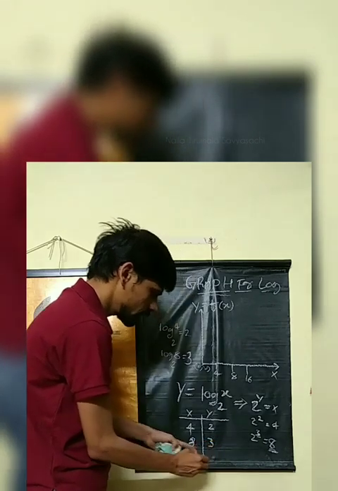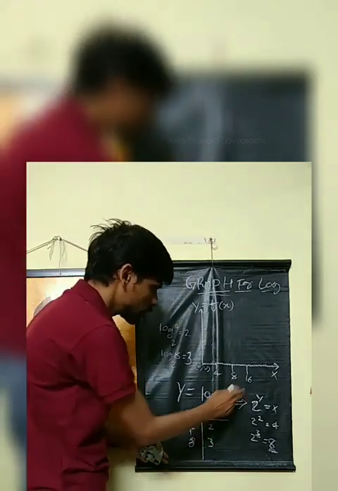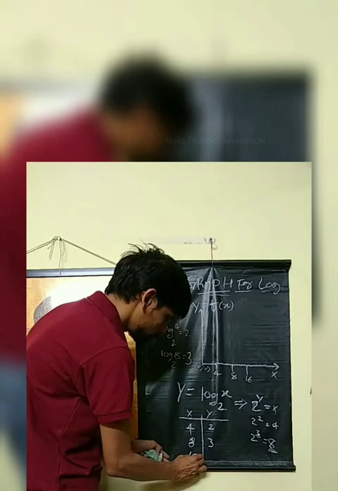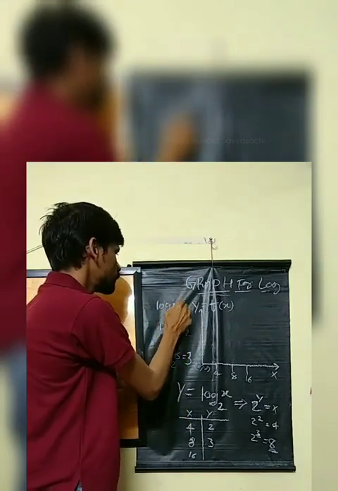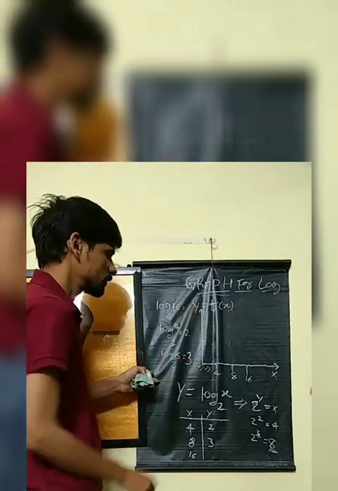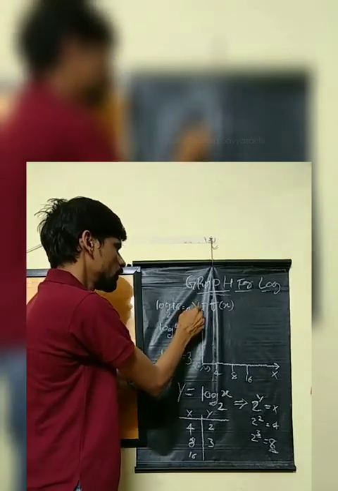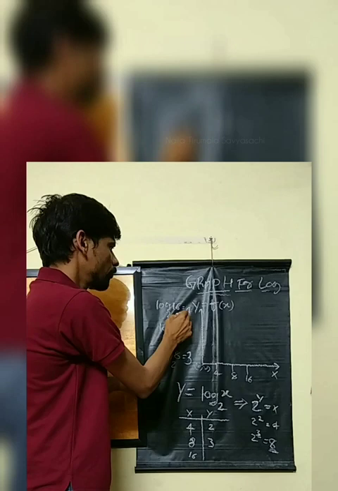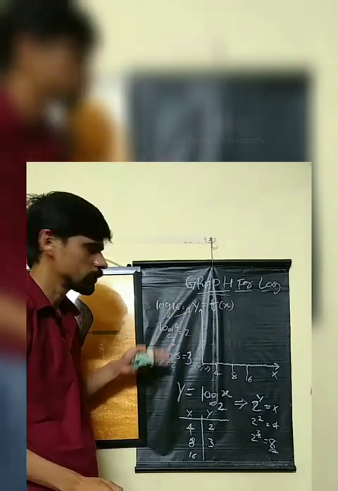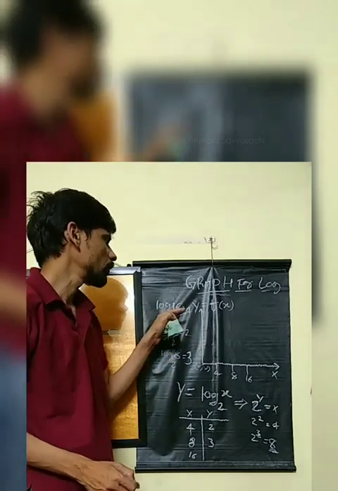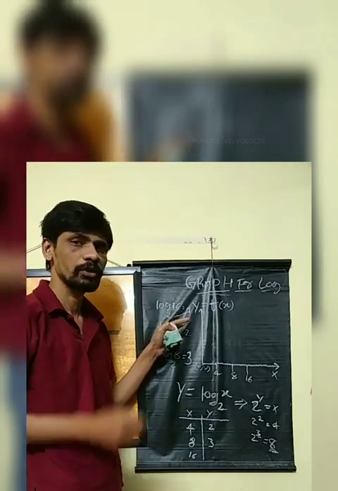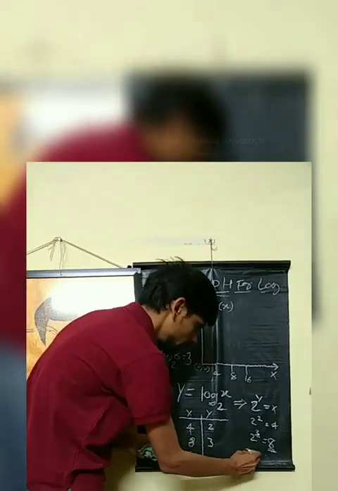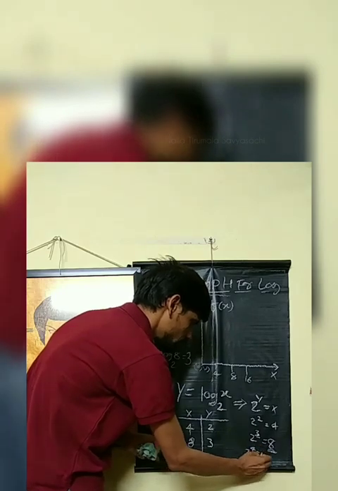So my x is 8 and y is 3. If I pass 16, log base 2 of 16 is 4, because 2 power 4 equals 16. That means my growth rate is 2, and to become 16, I need to double up 4 times.